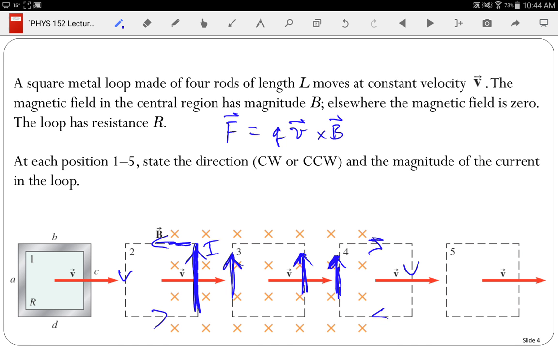Lenz's law is the one that tells us direction. So what did we call the amount of electric field going through a surface? Electric flux. So since this is the amount of magnetic field going through the surface, what should we call it? The magnetic flux.